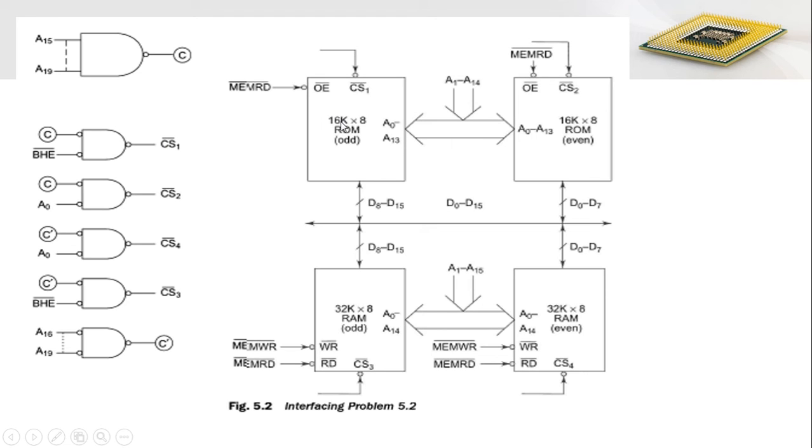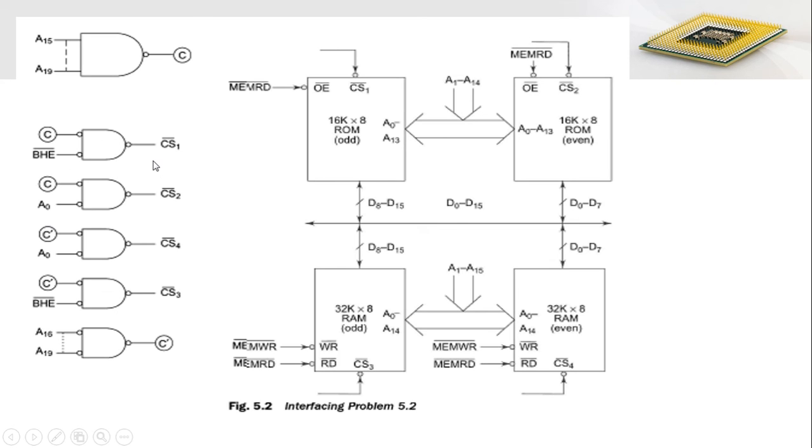As we already mentioned in our previous problem, whenever the BHE bar signal equals 0, only then does data transfer take place from the odd memory. Whether it is a ROM or a RAM, data transfer of the higher byte from the odd memory takes place whenever BHE bar equals 0. Similarly, for transferring the lower byte of data from the even bank, the A0 value must be equal to 0.